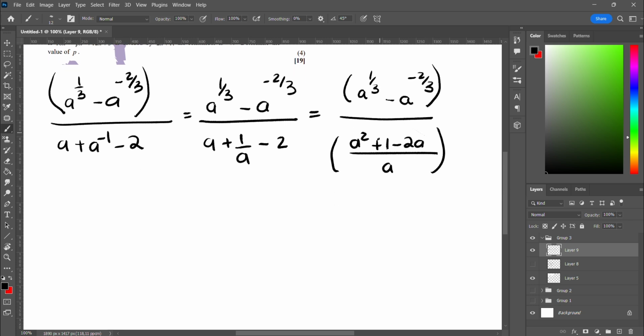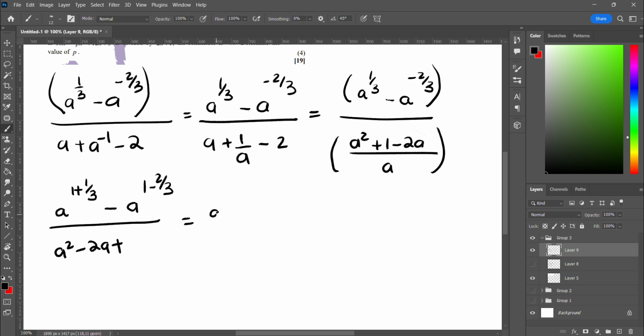We're then going to have this multiplied on the top, so we'll have a 1 plus 1 over 3 minus a 1 minus 2 over 3 all over a squared minus 2a plus 1.